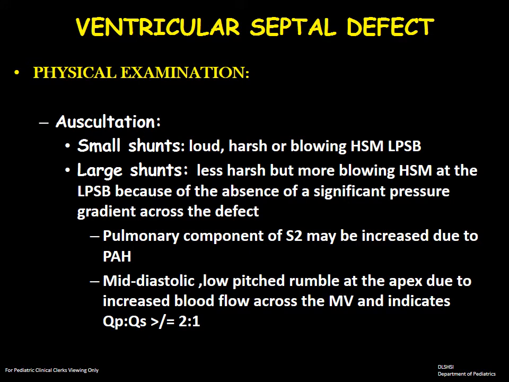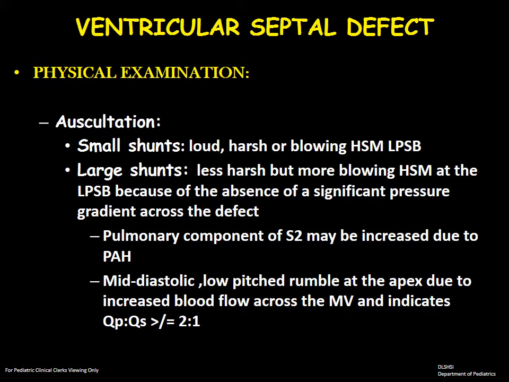For your auscultation, in small shunts, there is a loud, harsh, or blowing holosystolic murmur at the left parasternal border. In large shunts, there is a less harsh murmur but more blowing holosystolic murmur at the left parasternal border because of the absence of a significant pressure gradient across the defect.